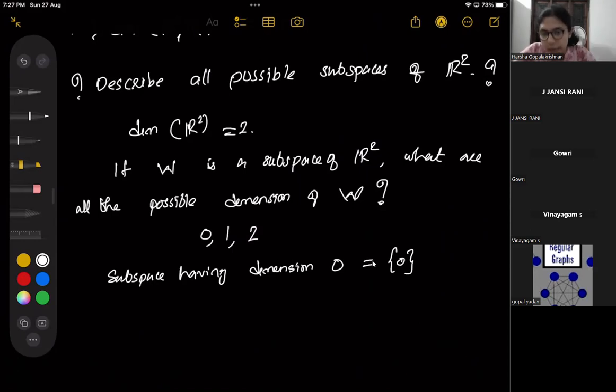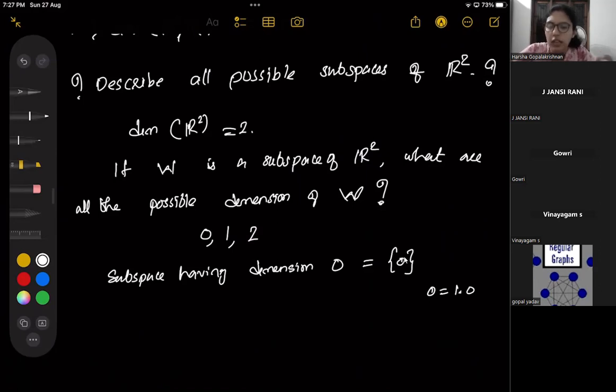If it has a basis, that basis is linearly independent, right? The only possible element is 0 itself, but 0 is not linearly independent. 0 can be written as 1 times 0, where 1 is a non-zero coefficient.